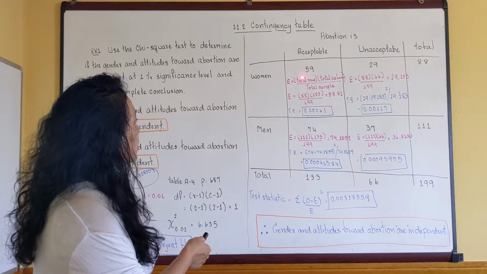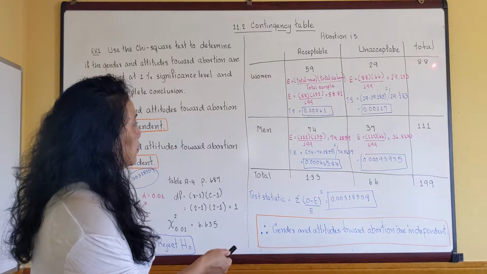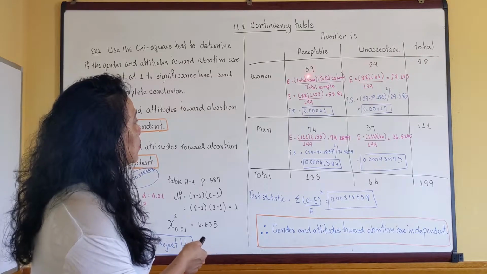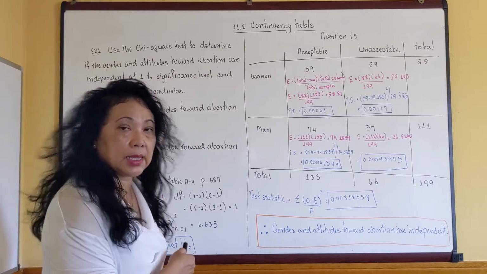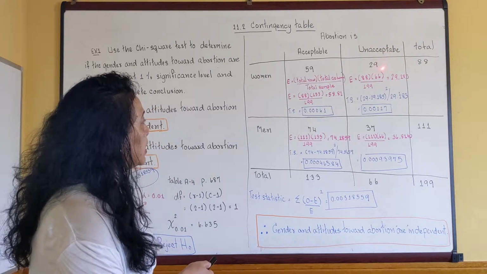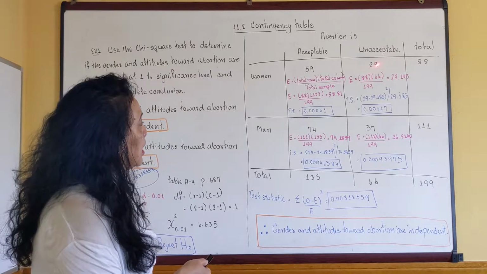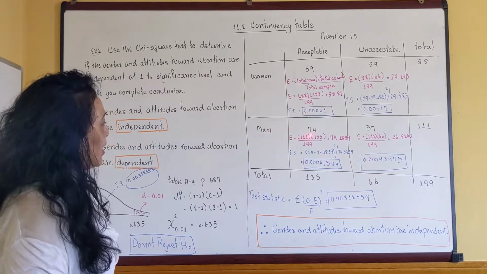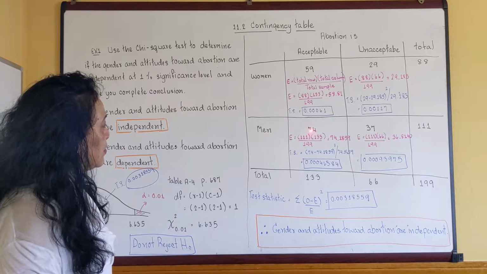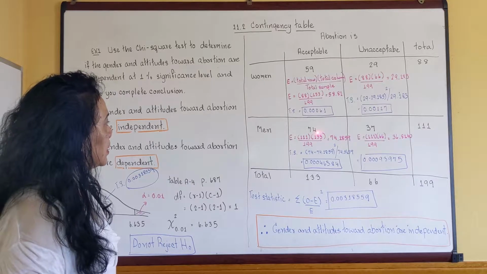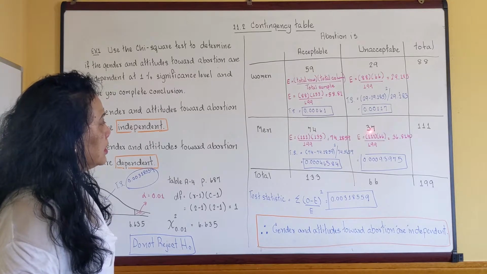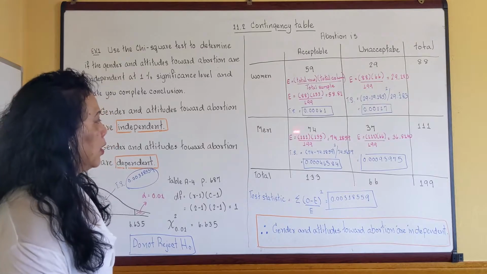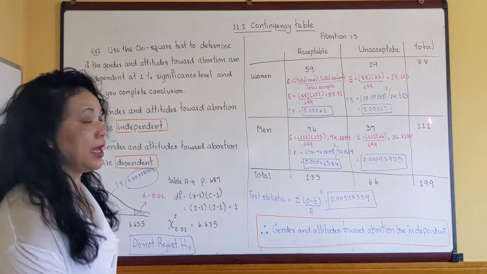You ask 88 women: 59 of them say it's acceptable, and 29 say it's unacceptable. That's a surprise. Anyway, for males, 74 say acceptable and 37 say unacceptable, and all males is 111.